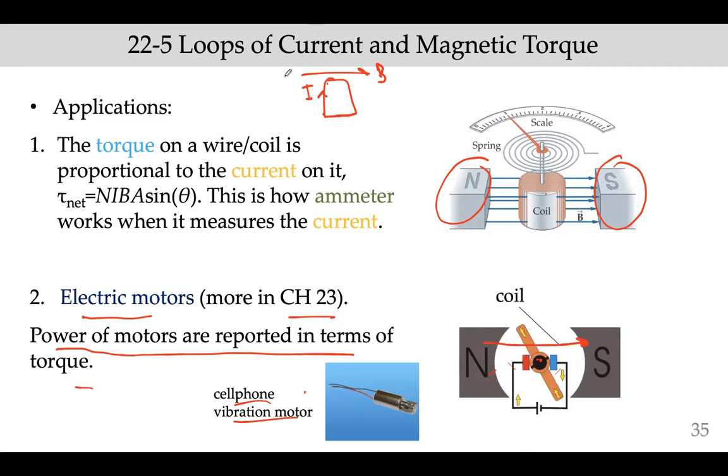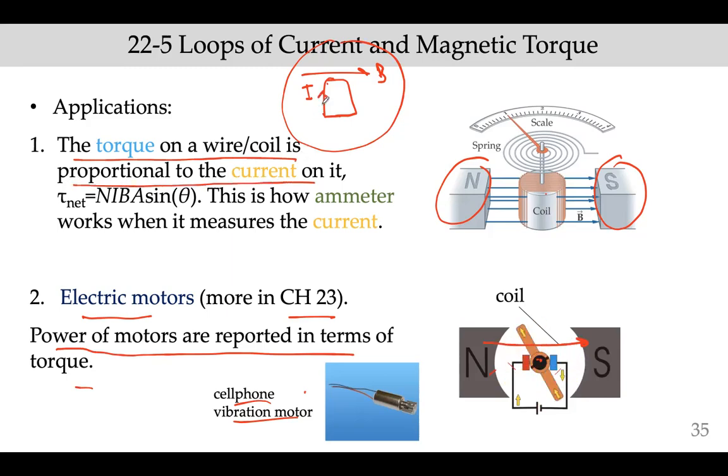The other application of current-carrying coils put in a magnetic field is here. The torque on a wire or coil is proportional to the current.